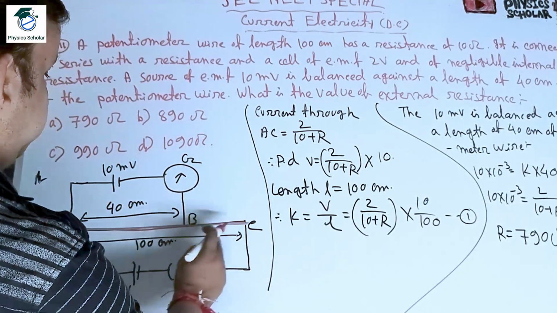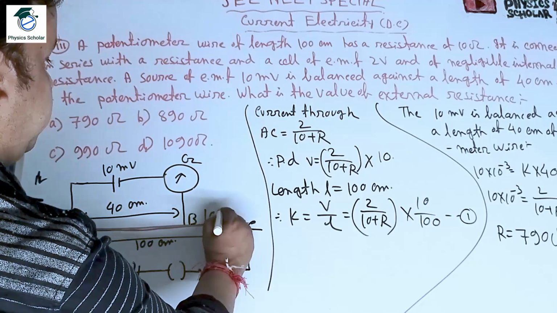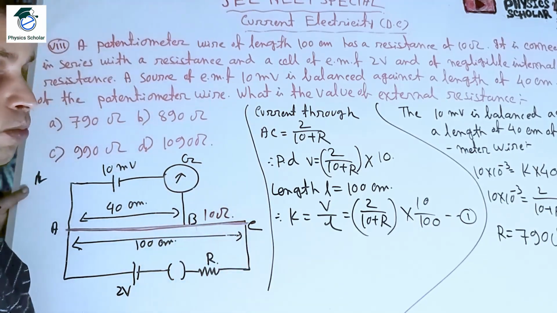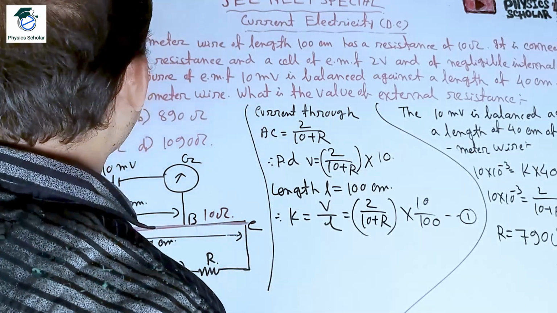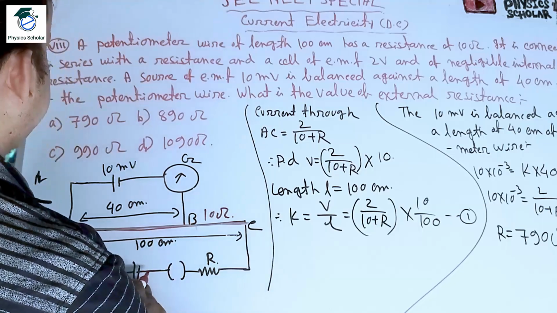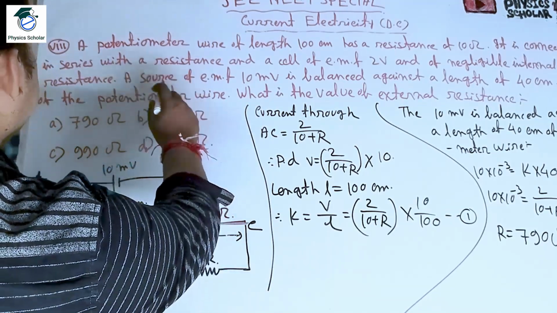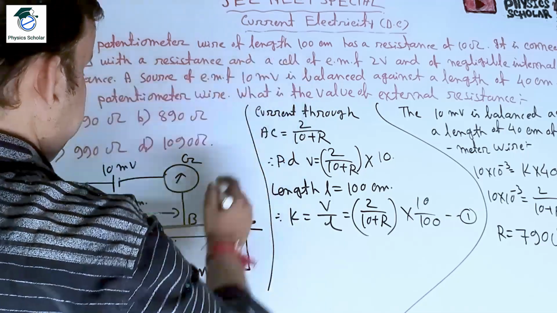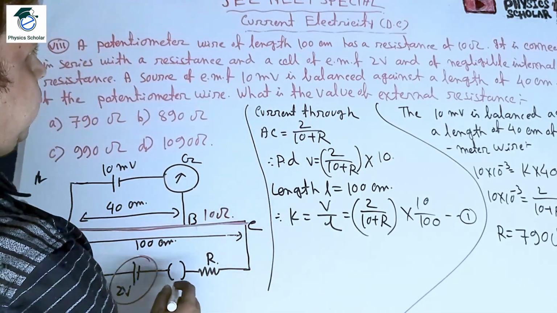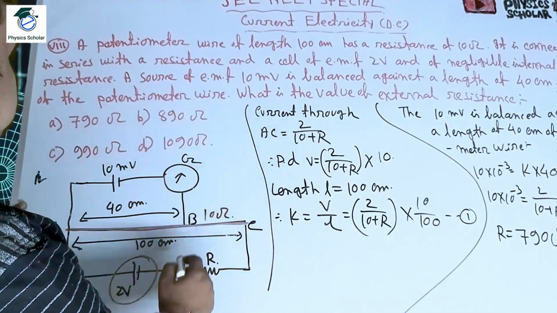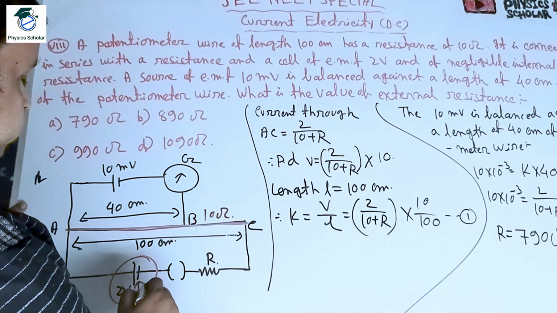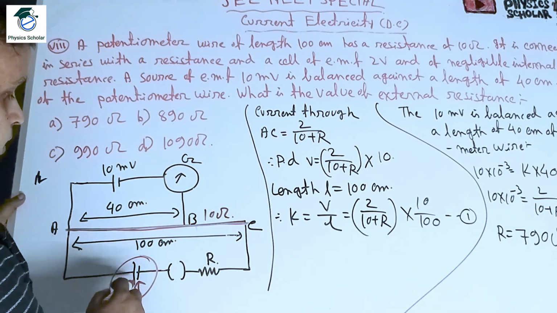And the resistance of this wire is what? 10 ohms. Clear? The resistance of the wire is 10 ohm. Now it is connected in series with a resistance and a cell of EMF 2 volt, and a negligible internal resistance. That means we can neglect the internal resistance of this battery.